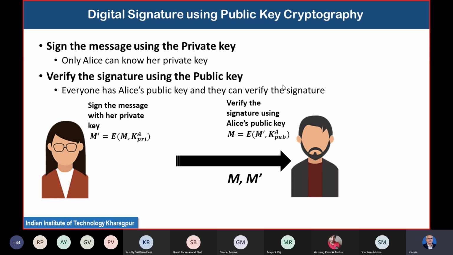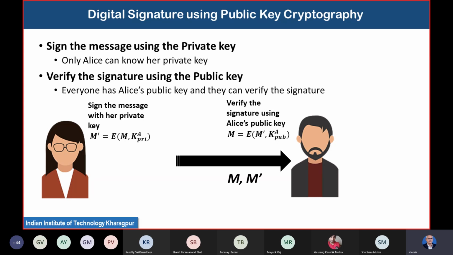Sir, if M is tampered, then Bob can't know who sent the message, right? No, if M is tampered, Bob would know that whatever was sent in plain text as M is not matching with what he got by decrypting, the M prime.